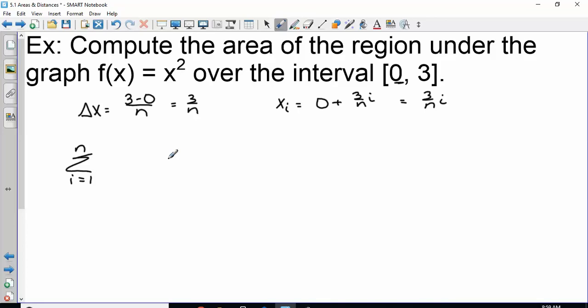It's that change in x, so my width is 3 over n. The height of the rectangle we found by taking the x value we were using and squaring it, plugging into that formula. So this would be times (3 over n times i) squared.